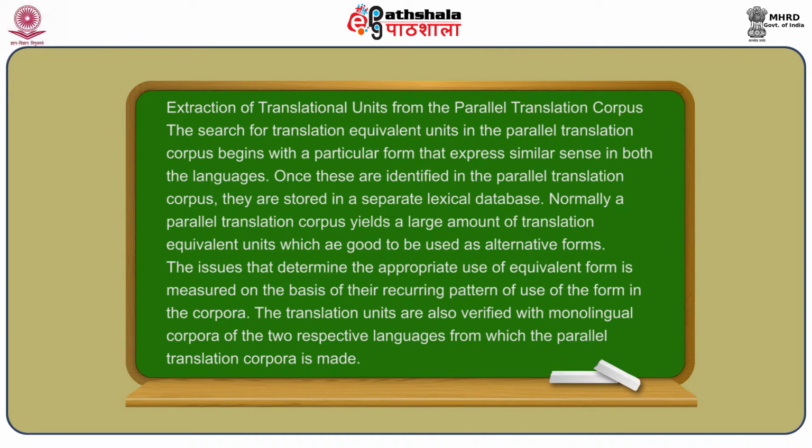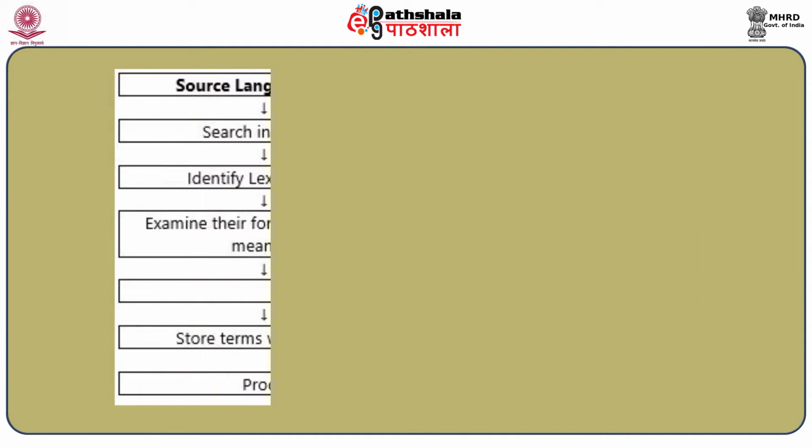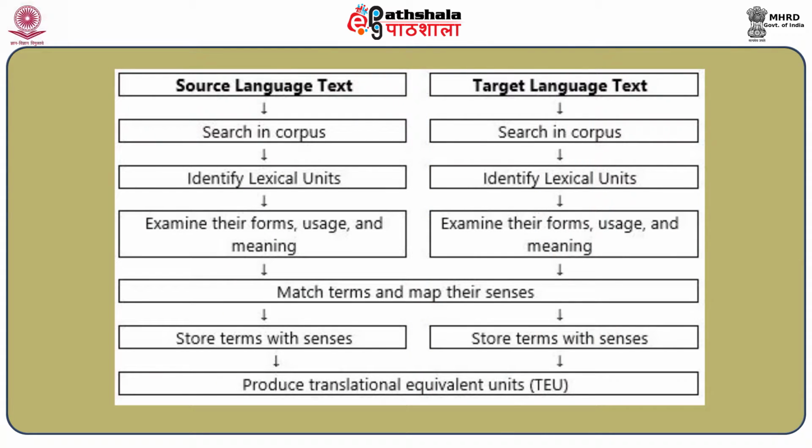The translational units are verified also with monolingual corpora of the two respective languages from which the parallel translation corpus is made. So, here is an example given of how the parallel translational units can be retrieved from the corpus. There are certain factors, certain issues that have to be kept in mind.